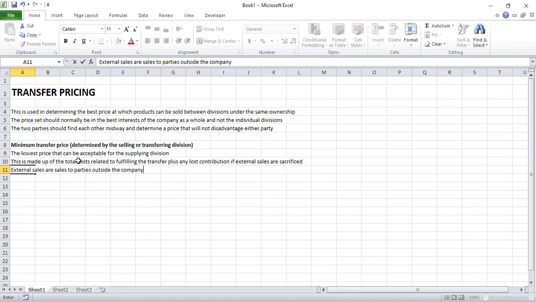Right. The lost contribution, you are going to learn, only comes into play if the supplying company does not have excess capacity.